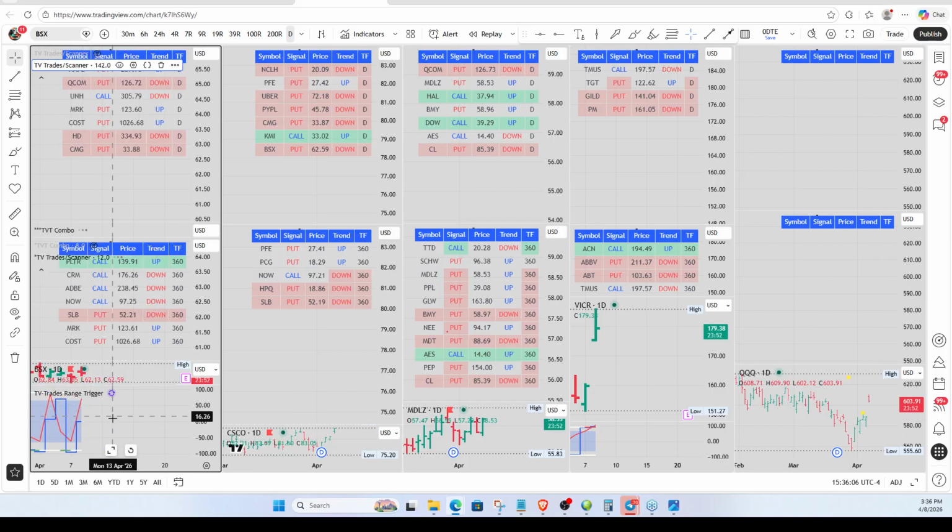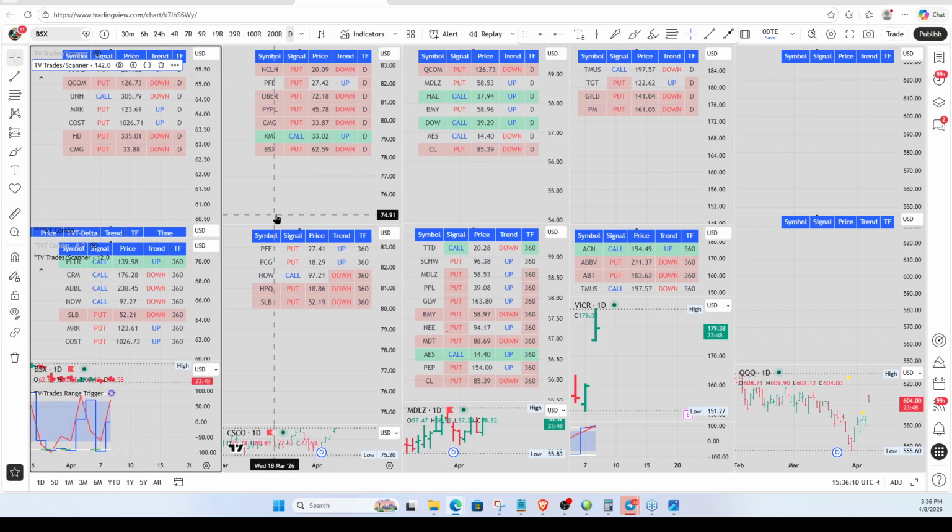If we stretch it out, it just nicks it. Okay, we'll put BSX in too. That's a put, 62. Now, I have HBQ and SLB. Those will both be qualified for a different reason.